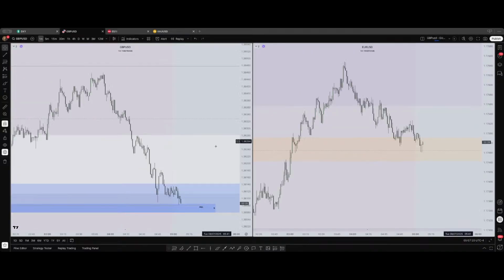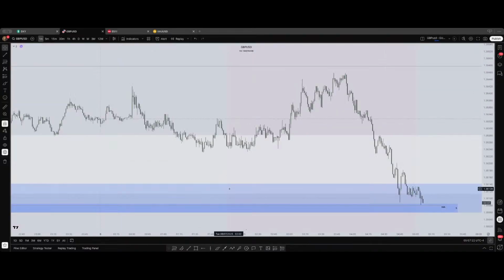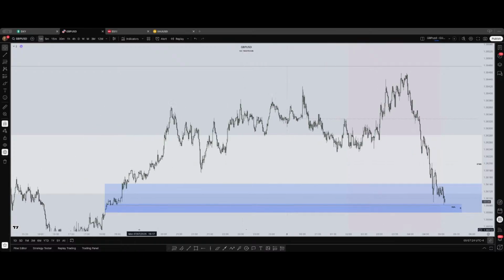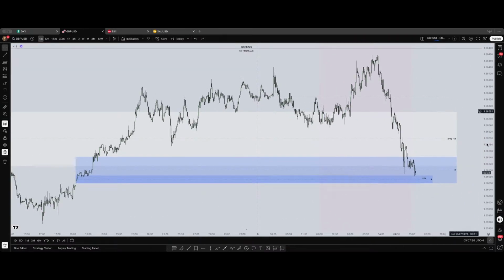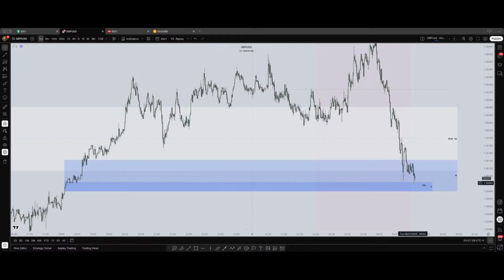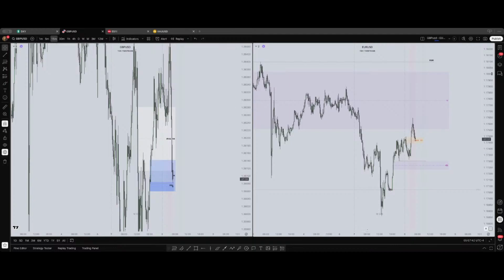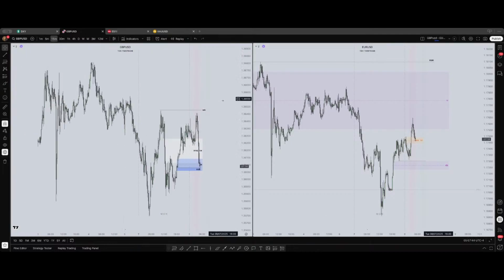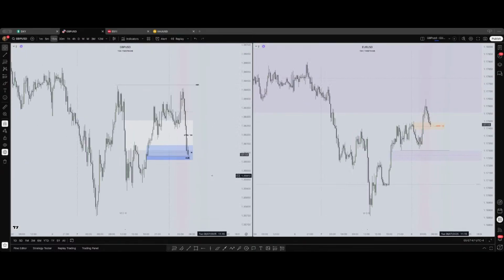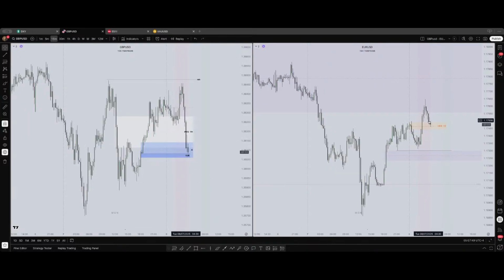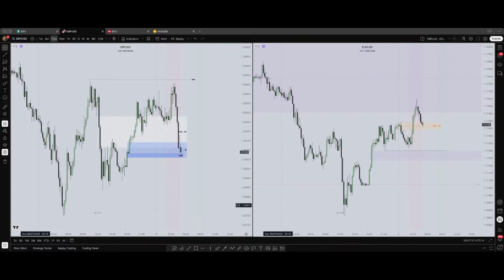So equal lows, almost there in GBPUSD. They're almost there. Meanwhile, so far EURUSD is showing strength. So it's very obvious, right?